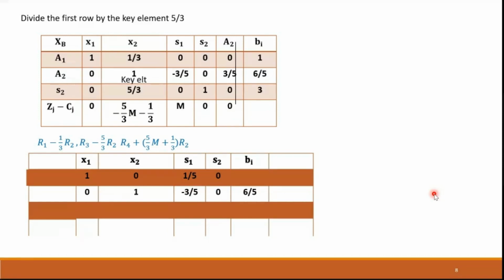That is the answer. What will come in BI? R1 has 1 and R2 has 6 by 5, so 1 minus 1 by 3 into 6 by 5. 1 minus 2 by 5, I think, no? 3 by 5. Is it okay? 3 by 5?